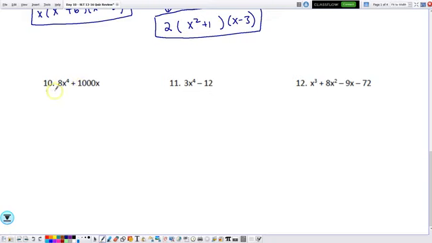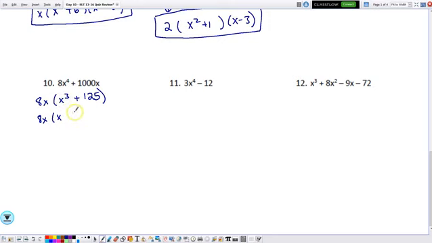That's just 125. Now, I know some of you are thinking, but 8 and 1,000 are perfect cubes, but make sure you take out that common factor first. So I'm going to take out the 8x, and now I'm left with x cubed plus 125. So now I'm going to carry along the 8x, and x cubed plus 125, that's the sum of perfect cubes.